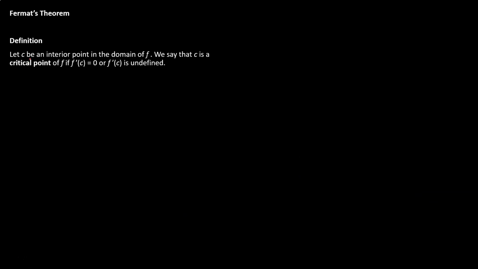Fermat's theorem. To talk about Fermat's theorem, we first need to talk about what a critical point is. A critical point is the location of these extrema, and a critical point is definitely going to occur where you have a derivative that's equal to 0 or a derivative that is undefined.